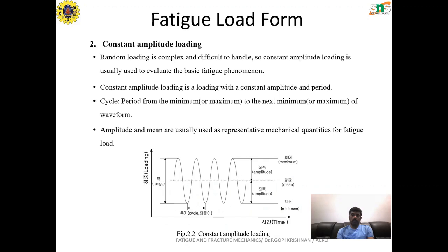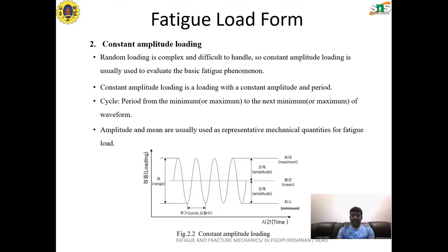The formula number two, with respect to fatigue behavior, is the amplitude ratio A, which is the ratio between the load amplitude and the average load. In other words, it is the ratio PA divided by PM, which is also taken as sigma A by sigma M.